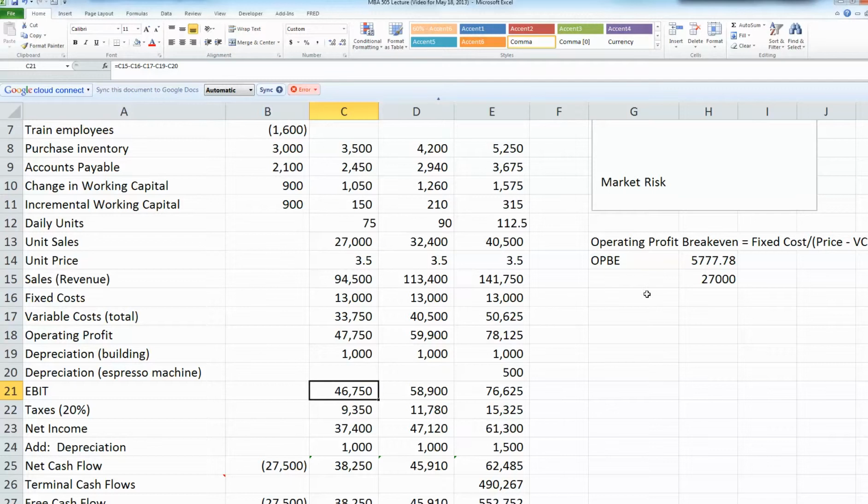But you can see, since I expect to sell 27,000 units the first year, I've got a nice positive operating profit. But if I change this to 5,777 units that first year, you can see that my operating profit is exactly 0. But I'm going to click undo.